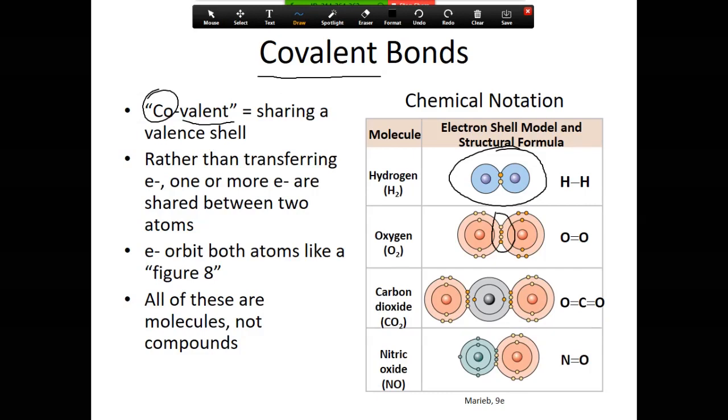They can share a total of 4 electrons. So you see this symbol right here between the two oxygen atoms, it looks like an equal sign. That actually represents a double bond, whereas a single line is for a single bond. Okay, carbon dioxide, also a molecule, uses covalent bonding.